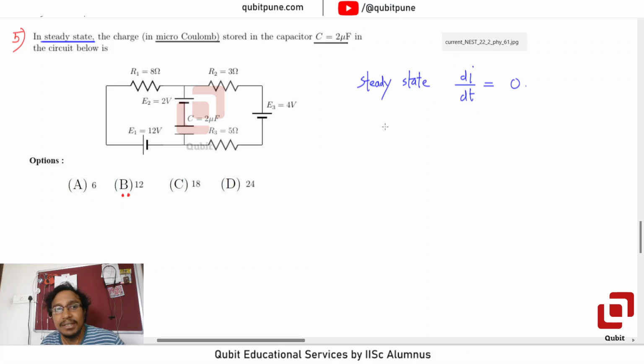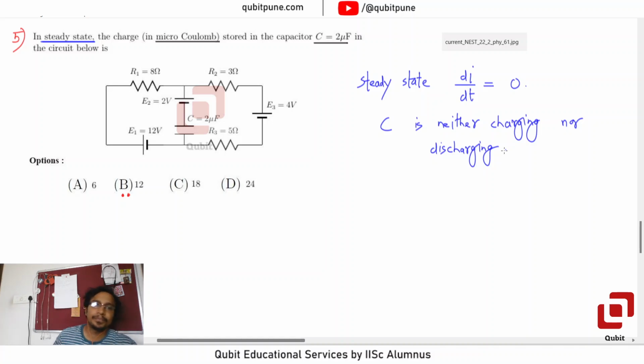So that basically means capacitor is neither charging nor discharging. So could you also say that the capacitor at that moment is completely charged? Yes, we can say that depending on what potential it has across the plates.